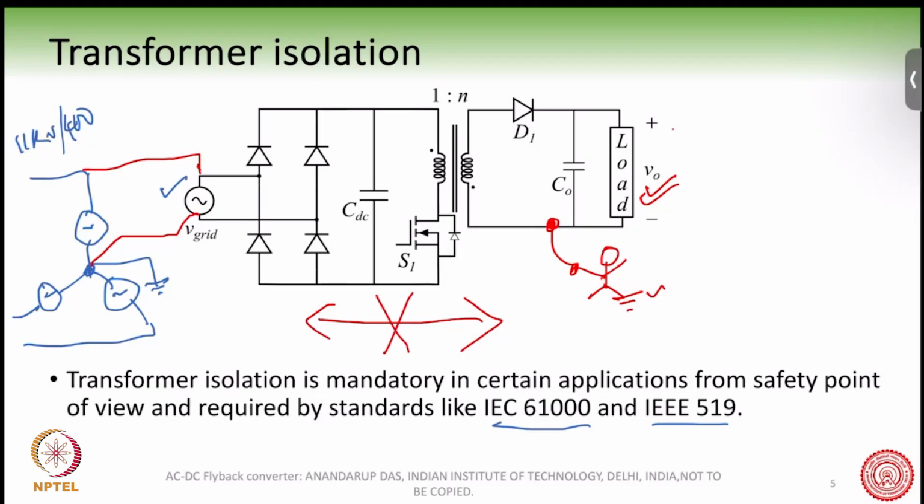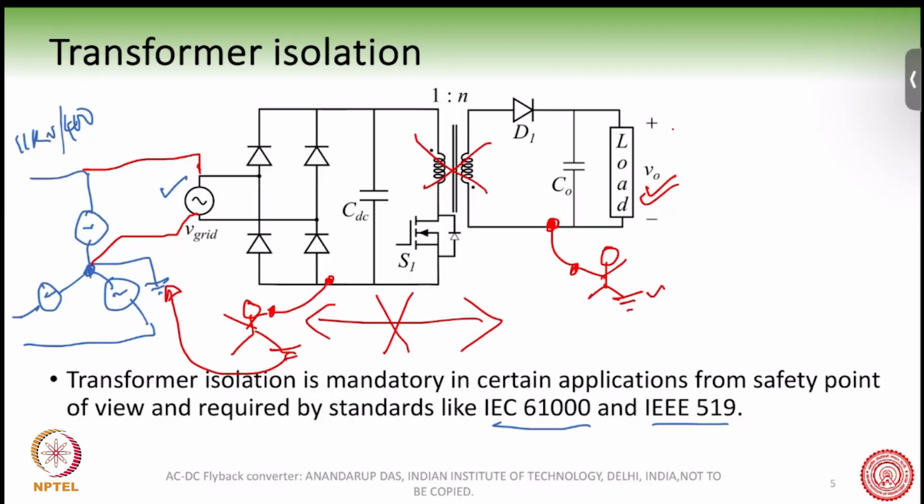Now, if you can understand clearly, if this isolation was not present, and suppose you were standing here and you connect your hand to this point here, and your legs are earthed, you are standing on the floor, then in fact you can see there is a path for this current to flow, because this point and this point are at the same potential.